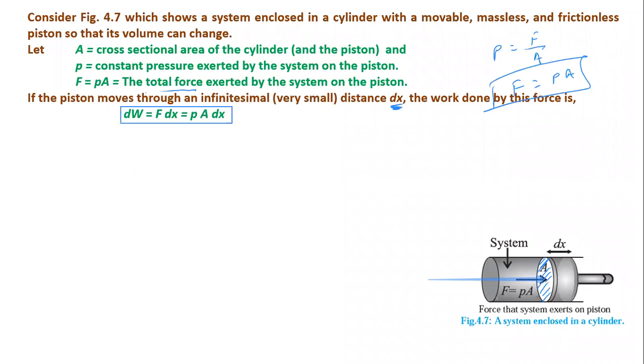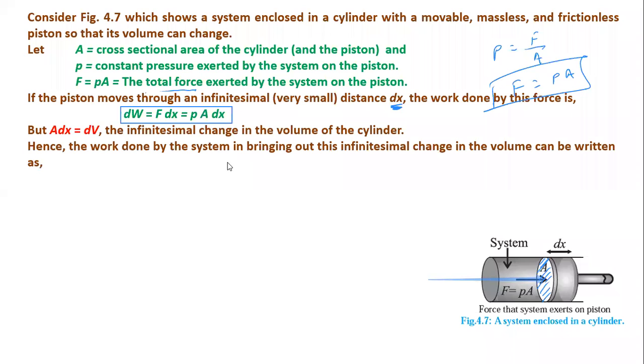So we get work done is equal to pressure into cross-sectional area into dx, the small distance. But here A into dx, where A is the cross-sectional area and dx is the small distance through which the piston moves, gives us volume. It gives us change in volume.